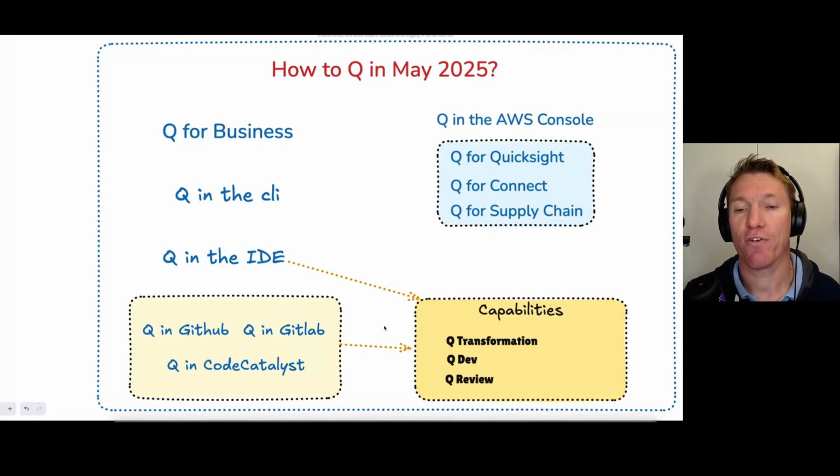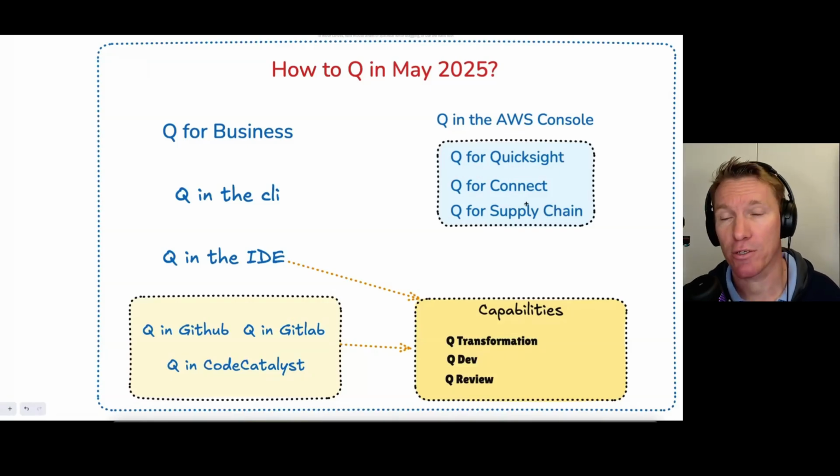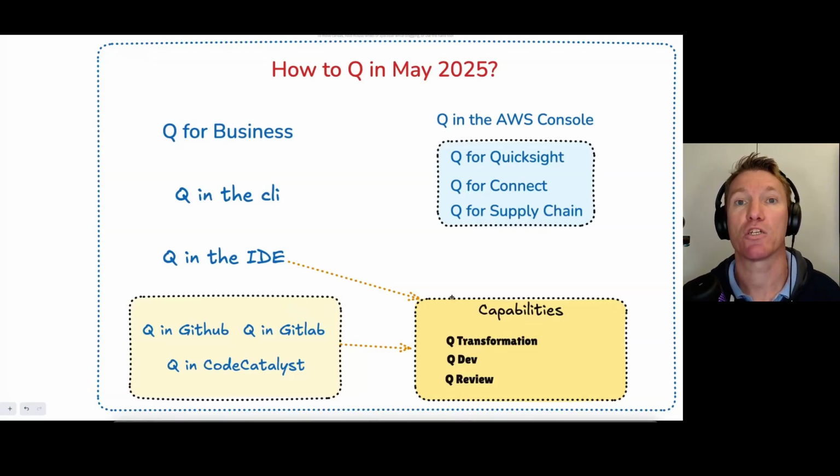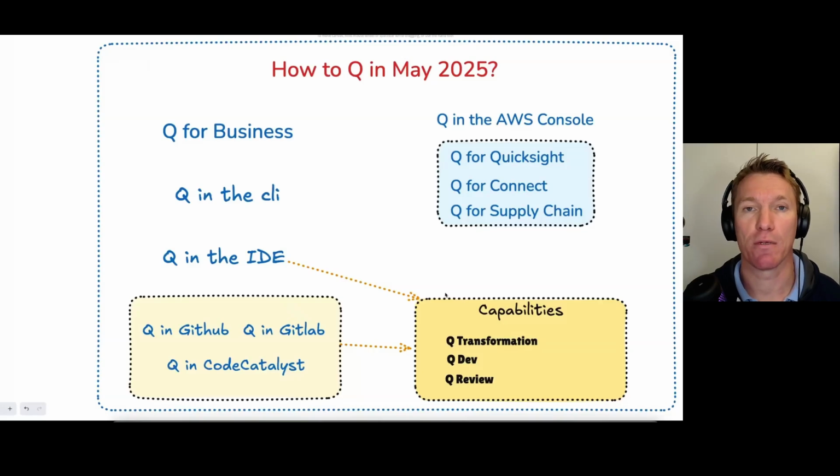And then we have Q for QuickSight, Q for Amazon Connect, Q for the supply chain. All of these are different things, but they all start with Amazon Q, and this makes it so confusing if you actually mention, oh, I've been using Amazon Q to do XYZ. You always need to add the information around which part of the product have you been using. In the next 2 minutes, we're going to look at the different aspects of it, and we're going to talk about where I have been actually using that on a day-to-day basis.